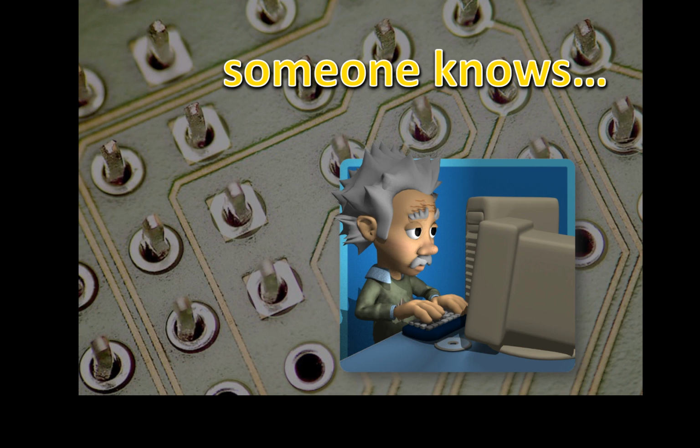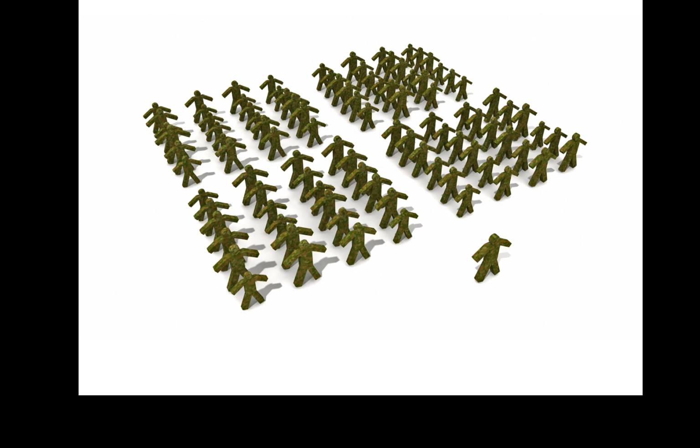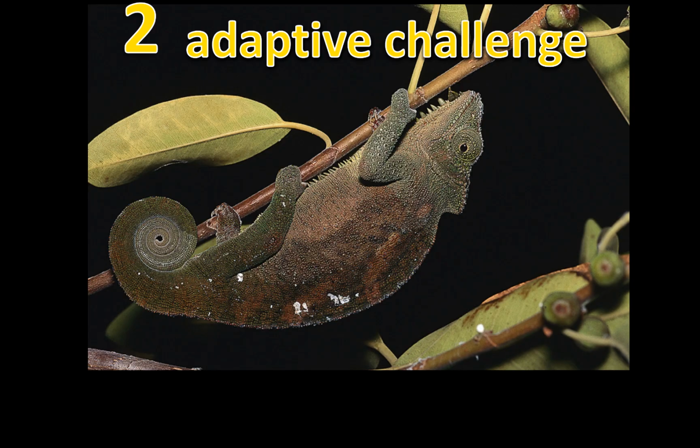And if somebody knows, then it's not an adaptive challenge. It's a technical problem. In a technical problem, it makes sense to have the old style of leadership in which somebody has the vision, somebody has the expertise, and everybody follows because somebody knows the answer. In an adaptive challenge, however, you are in a swamp.